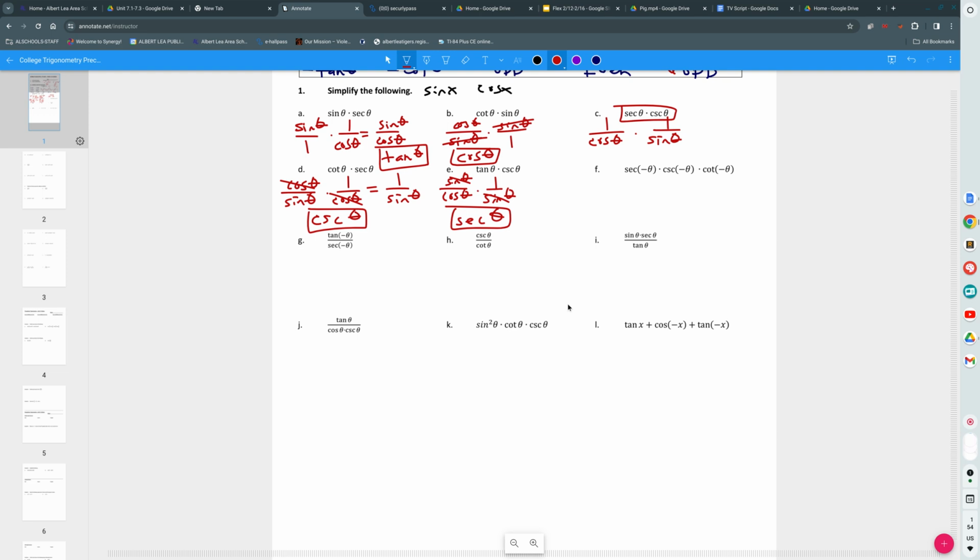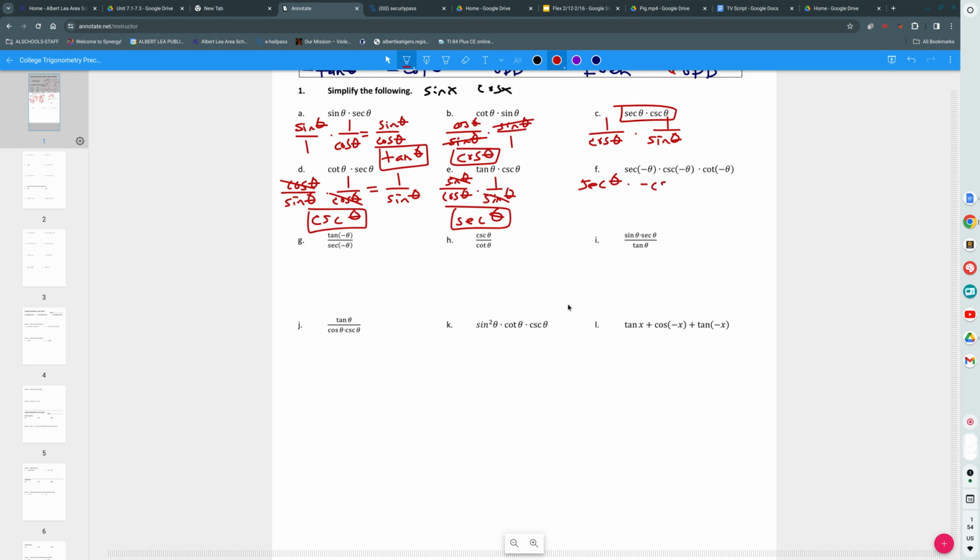Everybody get secant? Awesome. We're kind of in the beginning stages right now. They will get more challenging. Notice in letter F, we have some negatives. So let's deal with those negatives right away. What happens to the negative for secant? Does it go away or does it move out front? Goes away. So I have secant of theta times, how about cosecant?